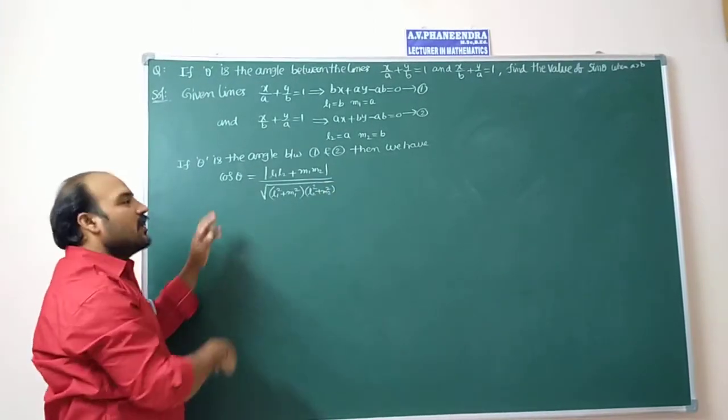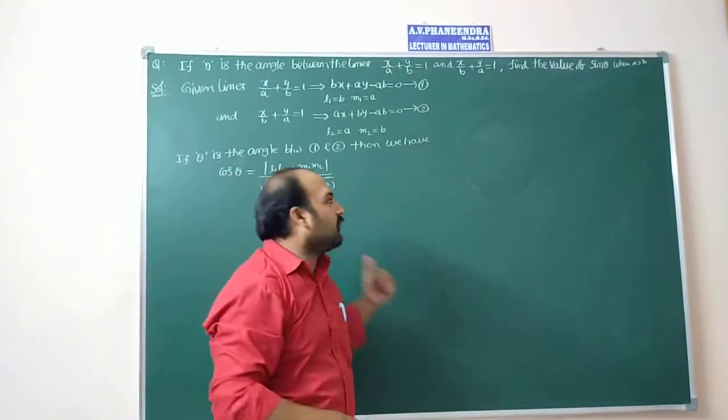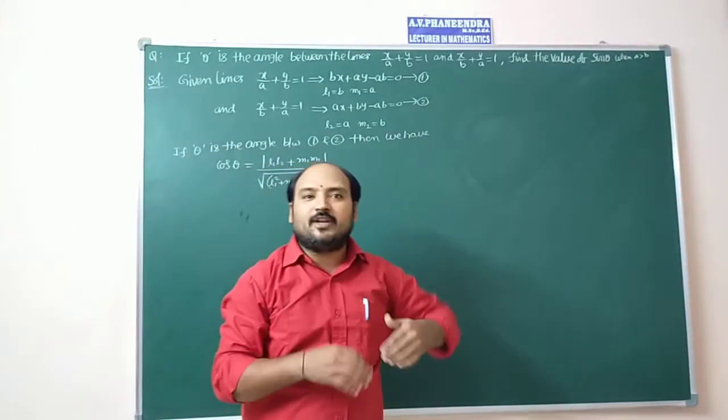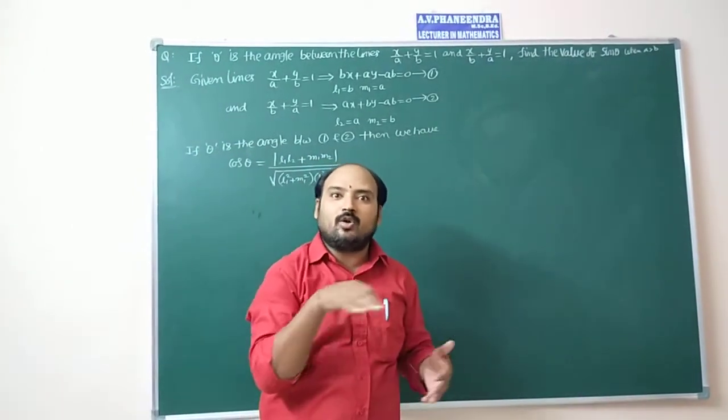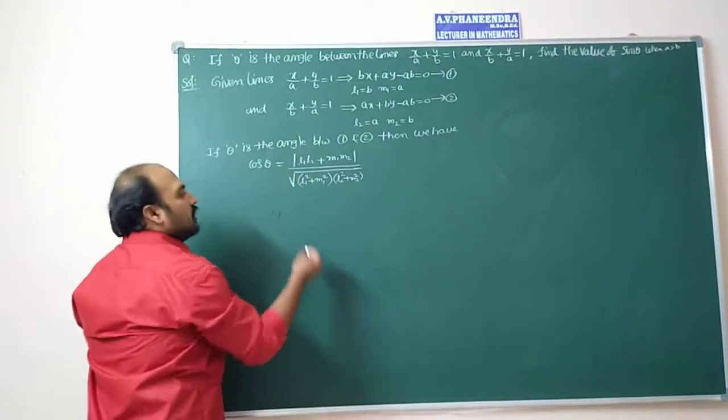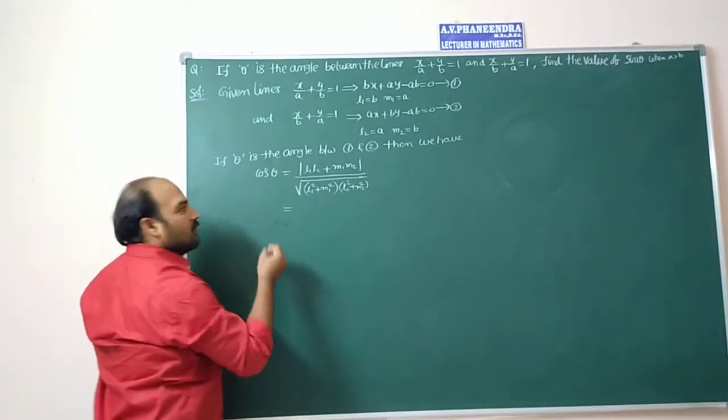Why are we taking only cos, why not tan? Because from cos theta, sin theta is easy to get. Sin theta equals root of 1 minus cos square theta. That is the reason we are considering the cos theta formula here.